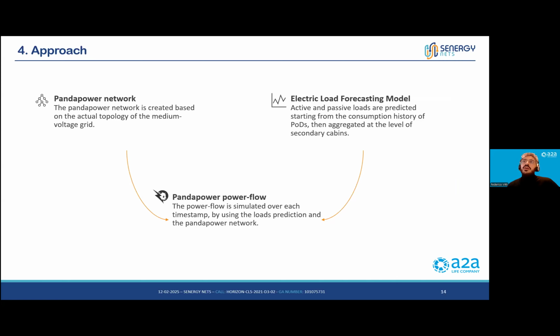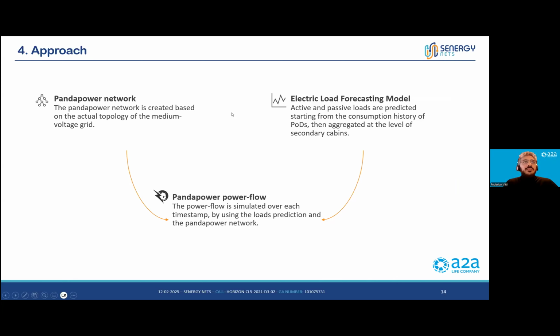And we used a previous model that we already implemented in SENERGY NETS. By using it, we create a prediction for each passive and active load along the time period that we want to analyze. And then we aggregate them at the secondary cabins level, because as I said before, the secondary cabins are our final nodes of the network.